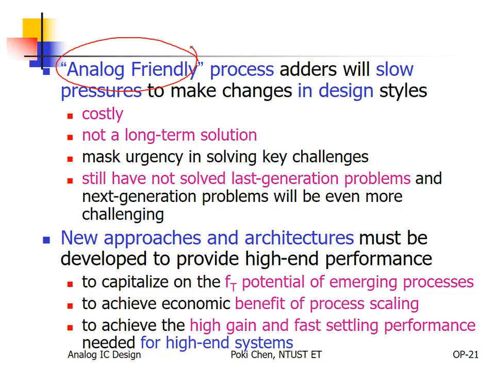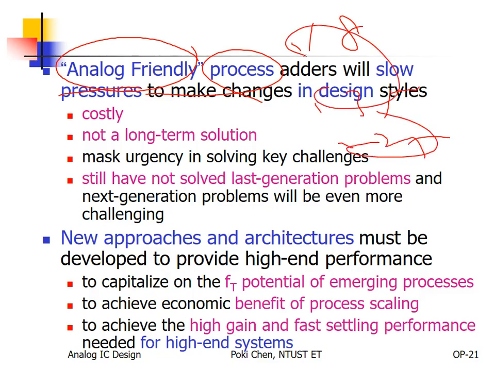Or you need to go for analog friendly processes. It means old processes, just like 0.18, 0.35, 0.25. Oh, they are really large, bulky, right?